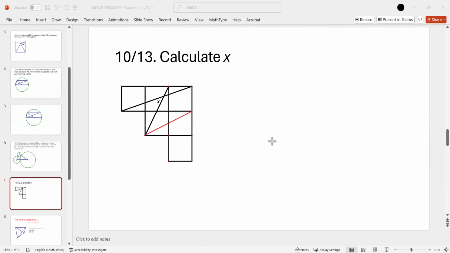That wasn't there. Or maybe that's not the construction. Let me just, yeah, I think it is though.